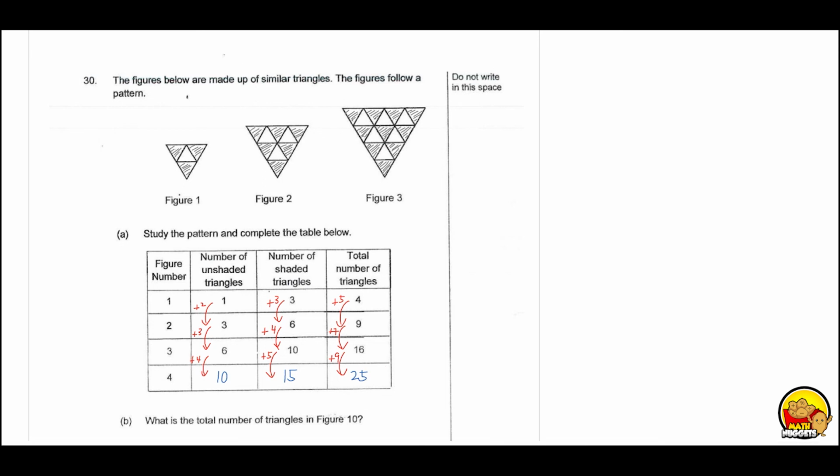Now, in order to find the answer for figure 10, the total number of triangles, there are two ways to do it. One way is we can continue to list until we reach figure 10. That's the first way. I'm just going to try listing it down. So for the total triangles, I start from figure 4.